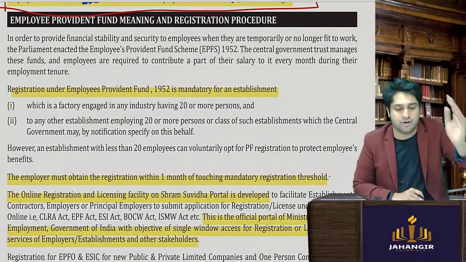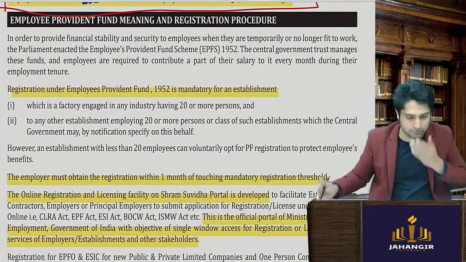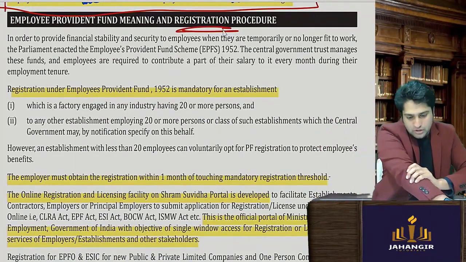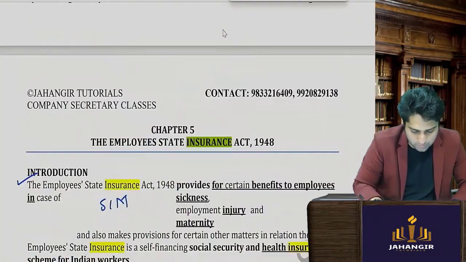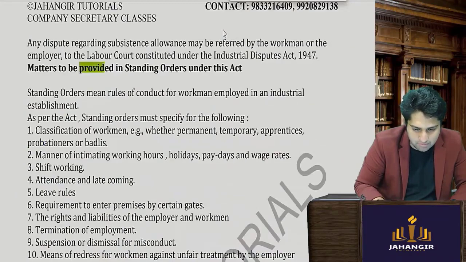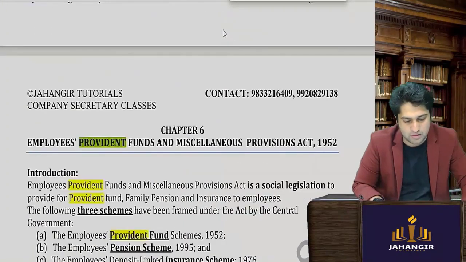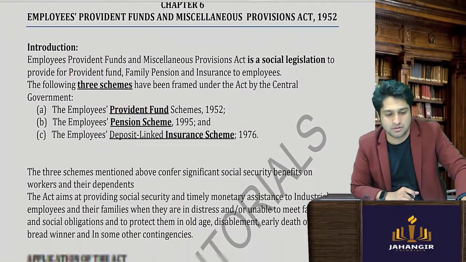The Employees' Provident Fund and Miscellaneous Provisions Act, that is the name of the scheme. Registration process. It is also there in your labor law chapter. Again the same points will be there: it has 3 schemes.